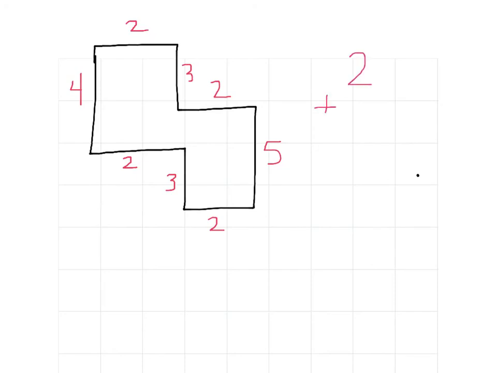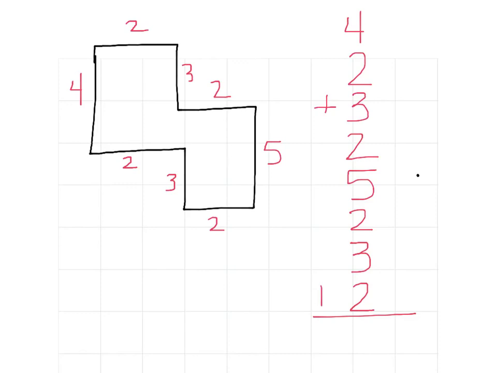2 plus 3 plus 2 plus 5 plus 2 plus 3 plus 2 plus 4. Now, whenever I do problems like this, I like to try and find the tens that are in here.